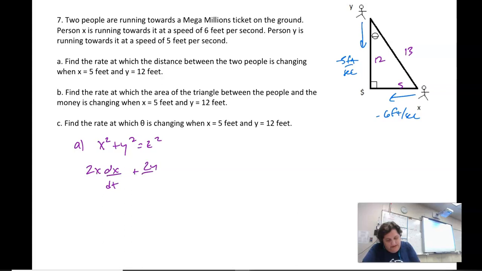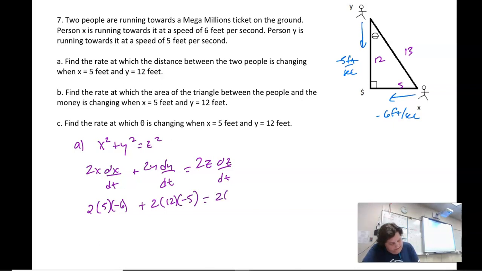So I've got to go 2x dx/dt, 2y dy/dt, and then 2z dz/dt. We said x was 5, dx/dt was -6, y is 12, dy/dt is -5. And z, it's a 5, 12, 13 triangle, and we don't know dz/dt.